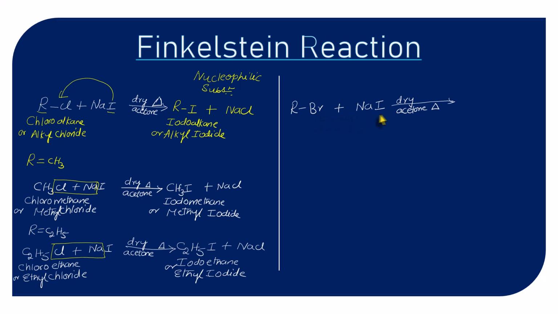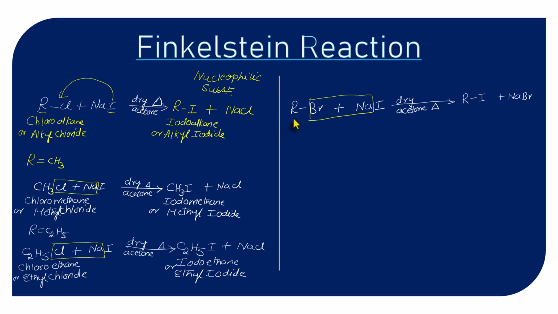The Br is substituted by the I, and Na will settle down with Br. So the product will be RI along with NaBr. Thus NaBr will precipitate out, therefore equilibrium will shift to right, favoring the formation of more and more quantity of the alkyl iodide.